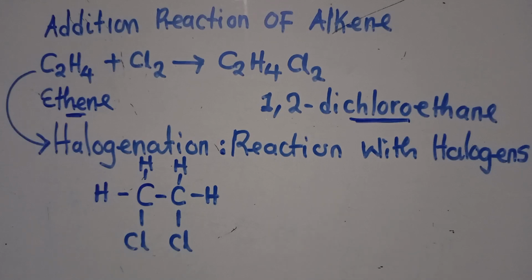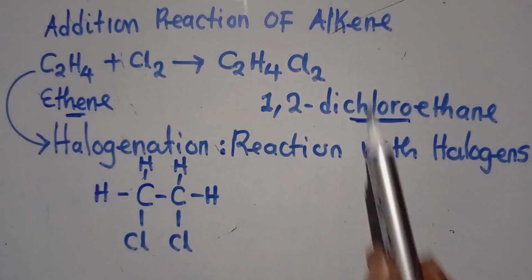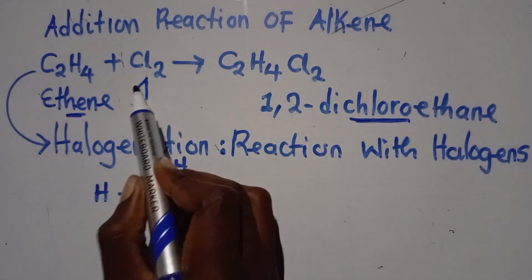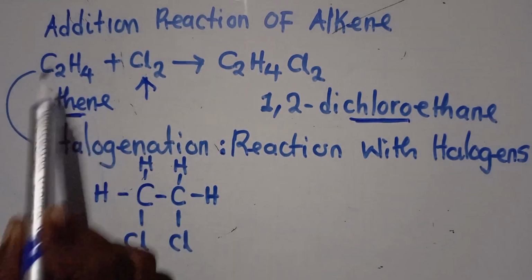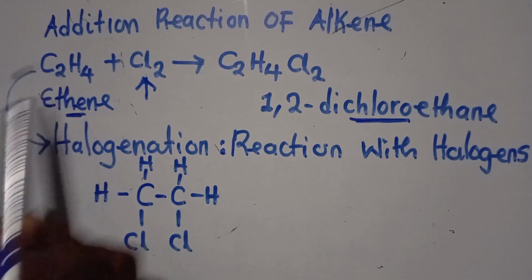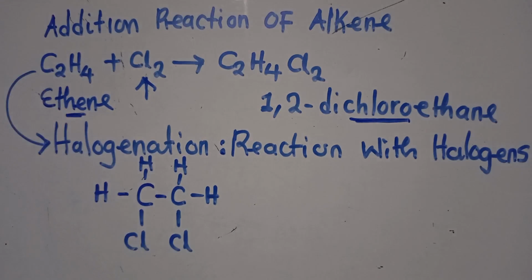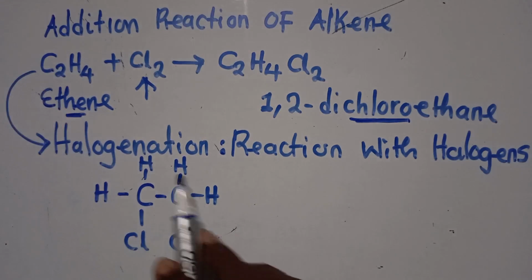We know that alkenes are unsaturated hydrocarbons. Under addition reactions of alkenes, you know that an addition reaction is a reaction where a molecule is added to an alkene, which is an unsaturated molecule, by breaking a double bond. So the double bond is broken.